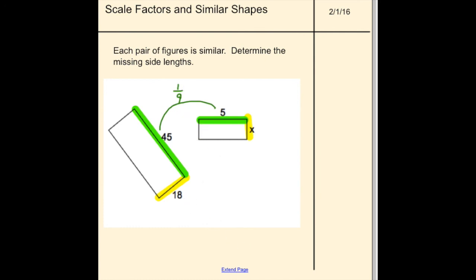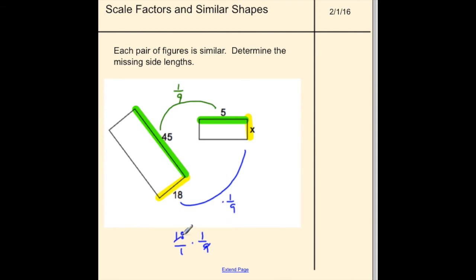So that means that if I do the same thing on the bottom here, and I just multiply 18 times 1/9, that will give me the value of x. So 18 over 1 times 1/9, cross canceling, x is 2 units. And that's my answer.